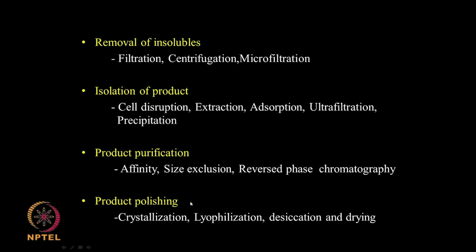Finally, product polishing: crystallization, lyophilization, desiccation, drying. If the product is solid, you end up with a dry solid. Sometimes you will have a liquid product, and then you may have to add a stabilizing material, which will help to increase the shelf life and prevent oxidation of the product.